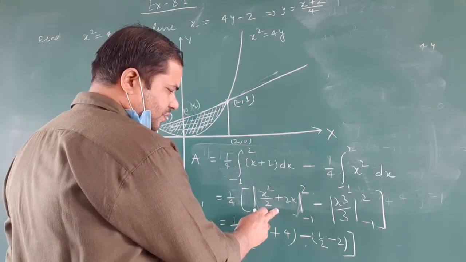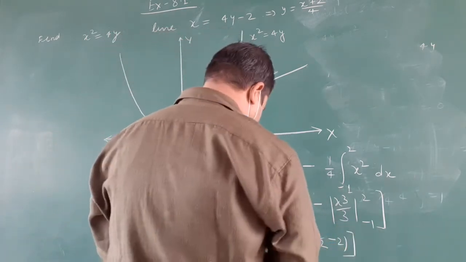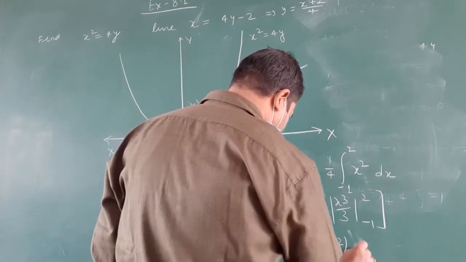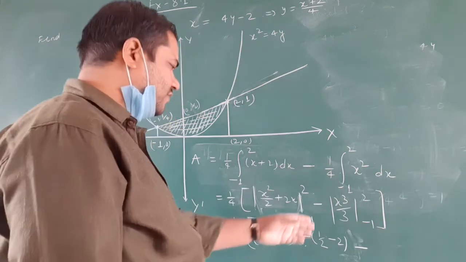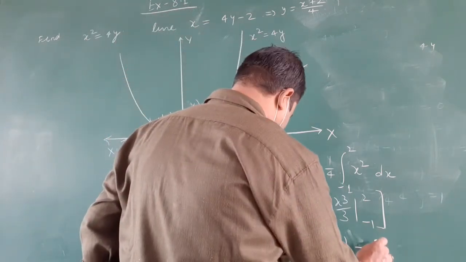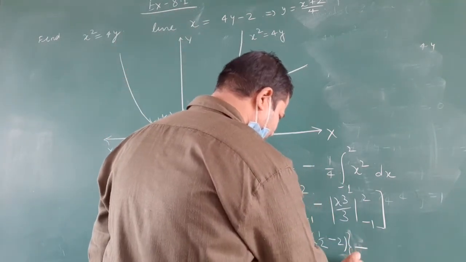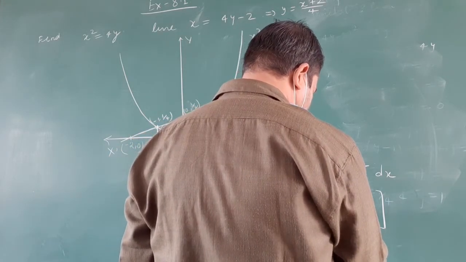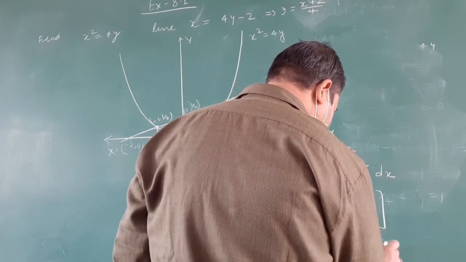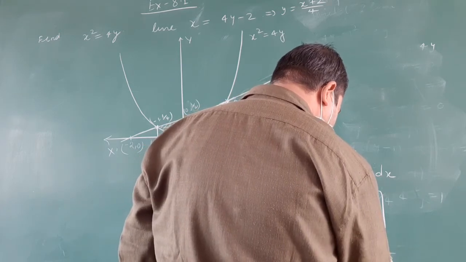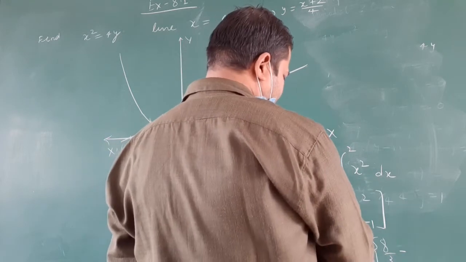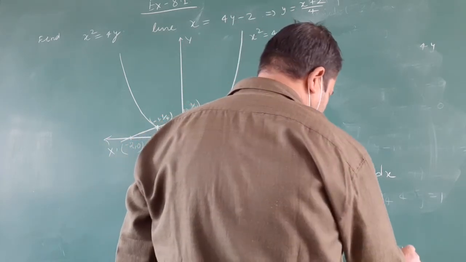This is the first part, and the second part is, use curly bracket here, minus of within bracket, 2 to the power 3, 8 by 3, minus of 1 by 3 plus of 1 by 3.